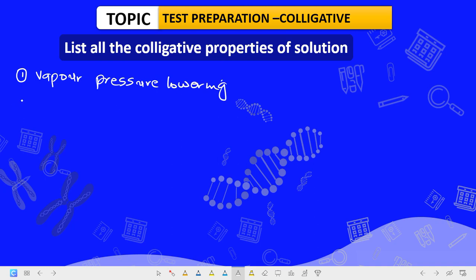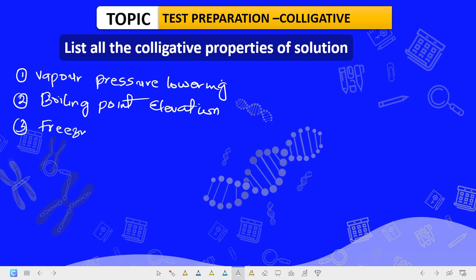The second colligative property is boiling point elevation. Then we have freezing point depression.